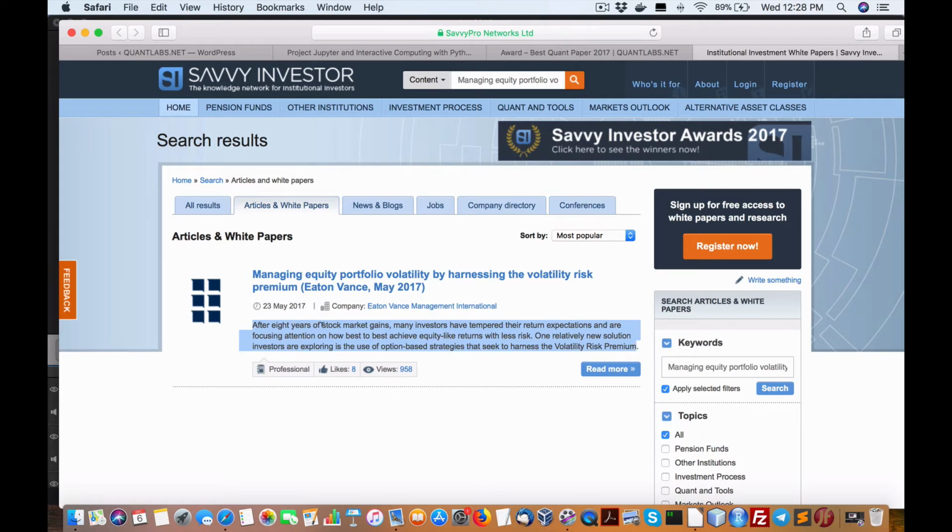But this one says, after 8 years of stock market gains, many investors have tempered their return expectations and are focusing attention on how best to achieve equity-like returns with less risk. Interesting. One relatively new solution investors are exploring is to use option-based strategies.